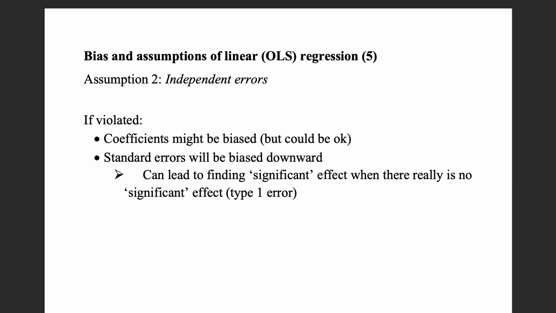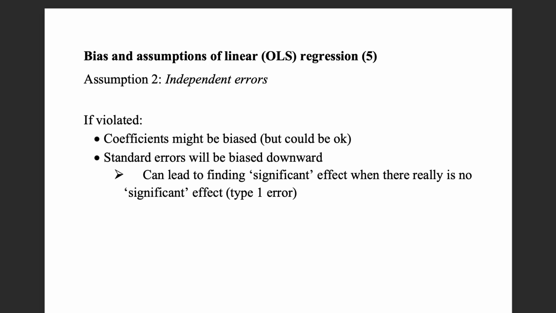So downwardly biased standard errors means that we will be too quick to call something statistically significant while it's actually not. So the p-values that we get, because what are the p-values based on? Coefficient divided by standard error gives you the t-value. The t-value is compared to the t-distribution to give you the p-value. So if your standard errors are too small, that means that the number you're dividing your coefficient by to get a t-value is too small, which means that the t-value will be too large.